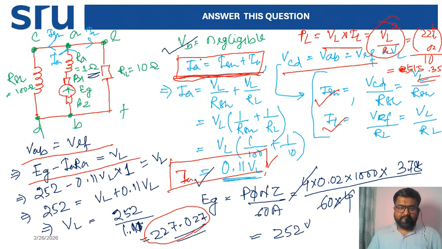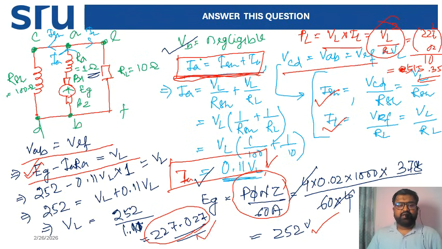But Eg value we can calculate using the given parameters, because Eg formula we know, Eg equal to P phi NZ by 60A. Then you can easily calculate that the value is 252. Already we computed the IA value, then put the IA value and solve it. Then we get the actual load voltage.